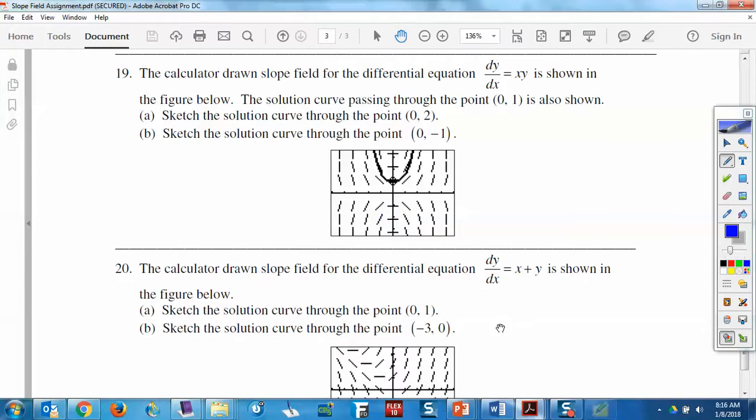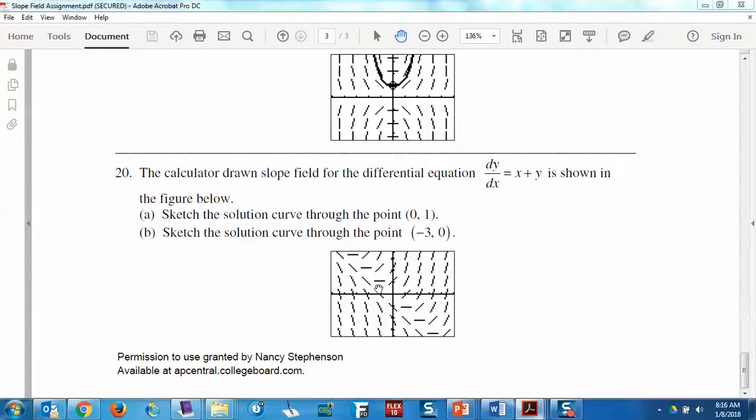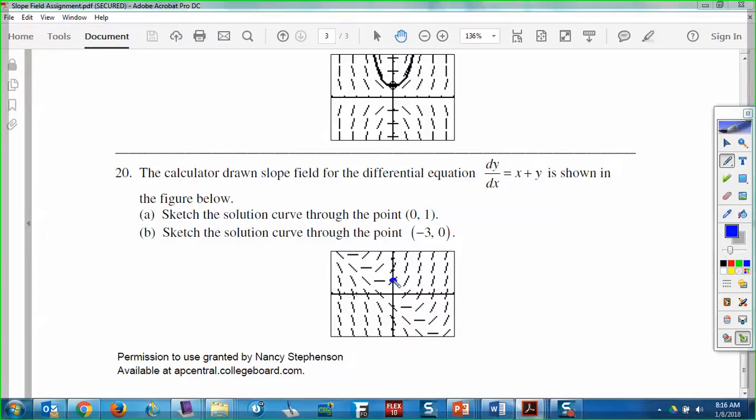All right, so, and then this one, again, they give you the slope field. So it gets a little trickier when you get in these asymptotes and stuff like that, but if you put a 0, 1, this would kind of follow like so. It looks like it flattens here. Now, there's not really enough little slope segments to tell for sure, but what this one's going to do is it's just going to go like that. And it's going to follow that asymptote like that.